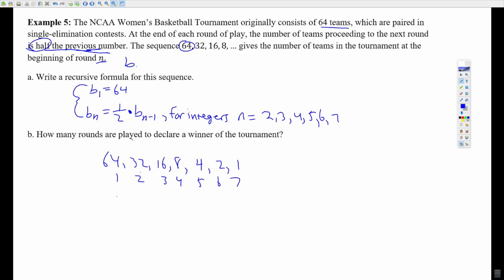And so we would know it would take 7 rounds to declare a winner.